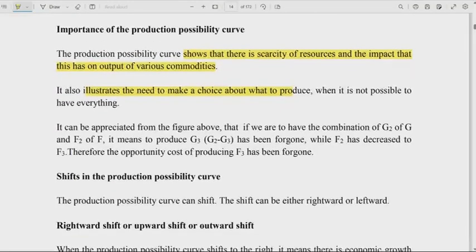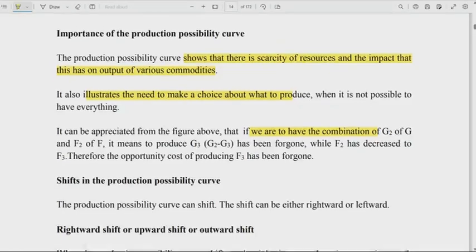The third is that it can be appreciated from the figure above that if we are to have a combination G2 of G and F2 of F, it means to produce G3 has been forgone while F2 has been decreased. Therefore, the opportunity cost of producing F3 has been forgone.